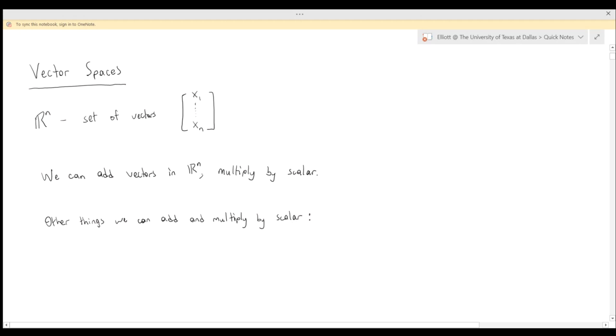And so some examples. Another item that we've studied in this class are matrices. So we know how to add two matrices together. And we also know how to take a matrix and multiply it by a scalar.